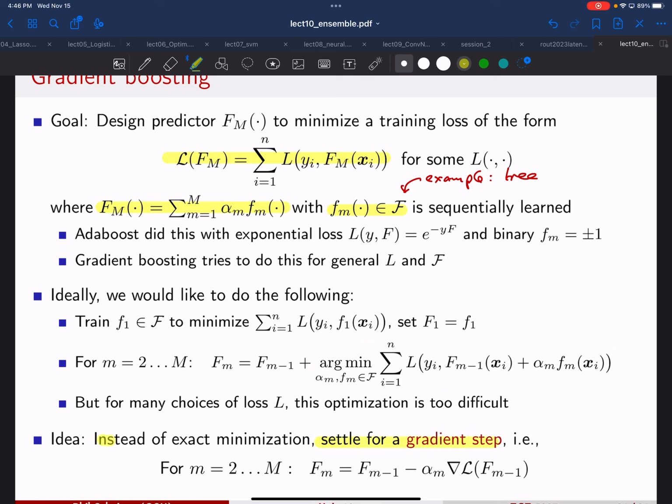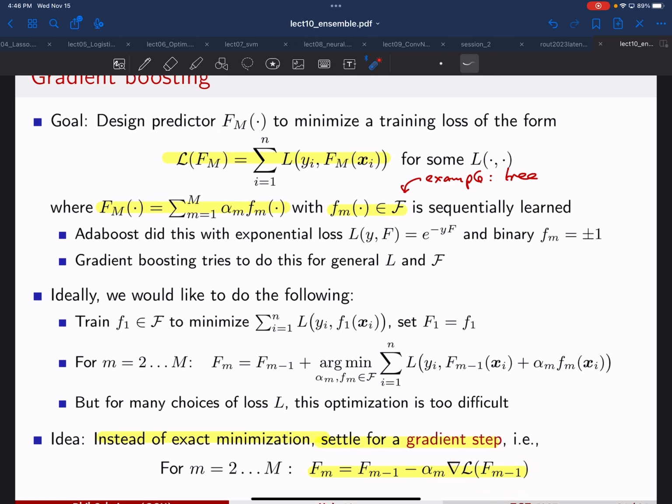In other words, instead of doing this, we're going to do this. So we're going to say that the new boosted classifier is the previous one minus some scaling alpha m of the gradient.